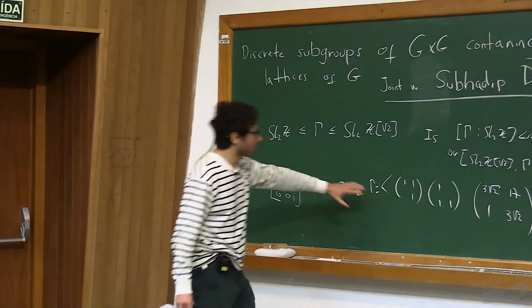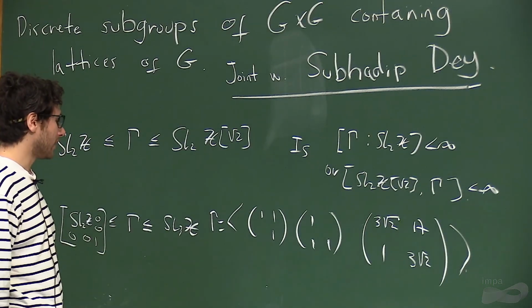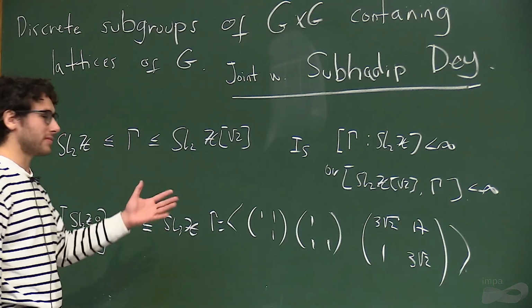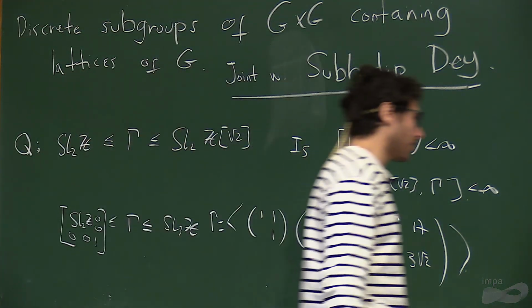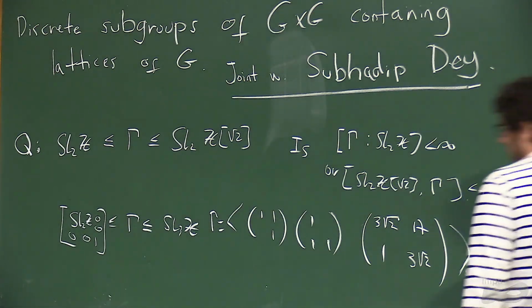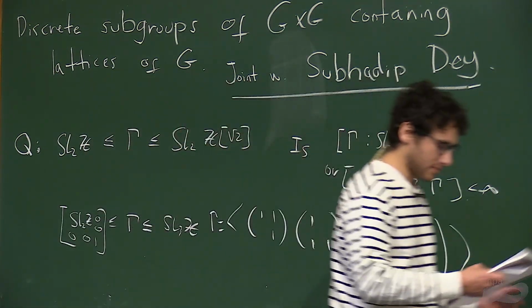If you were going to prove whether a group is a lattice or not, there are not many tools available. I'll mention some just because I think that they're important historically.